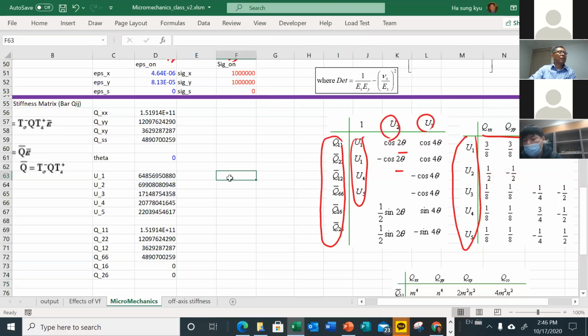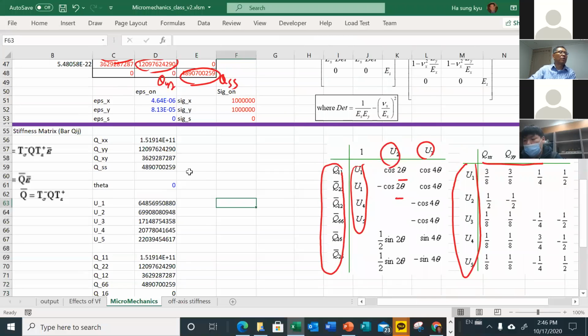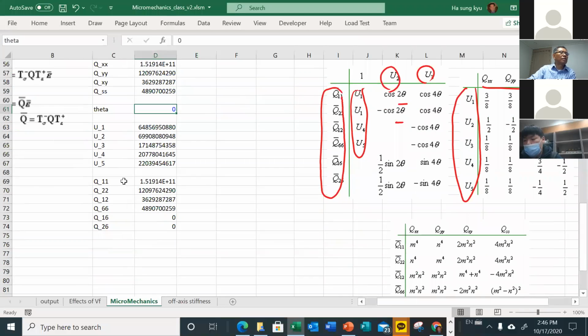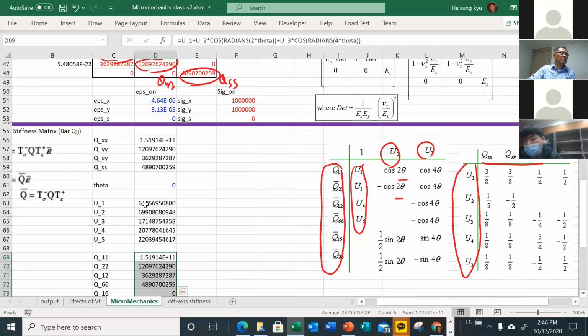Okay, so basically this is what we have learned today, and we just program it. Programming means that this will be the given and theta, and this will be the output using the definition of the U invariants.